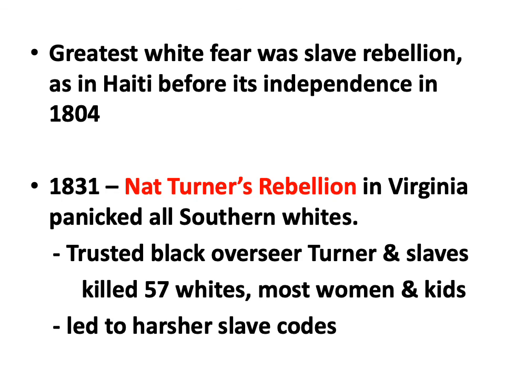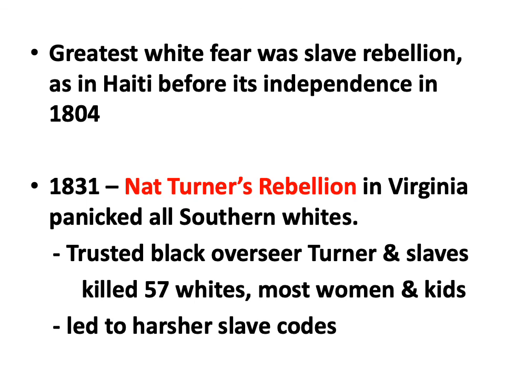The whites' worst fears were realized in 1831 in Nat Turner's rebellion in Virginia, which created panic among all Southern whites, not just slaveholders, but all the Southern whites. What happened was Nat Turner was a trusted slave.